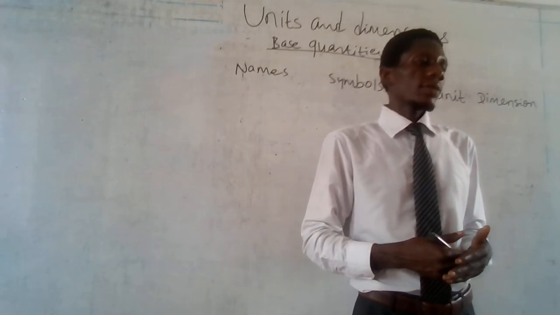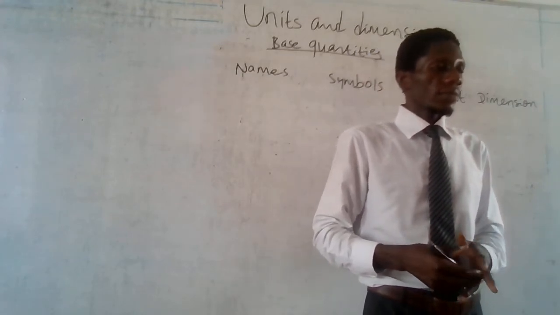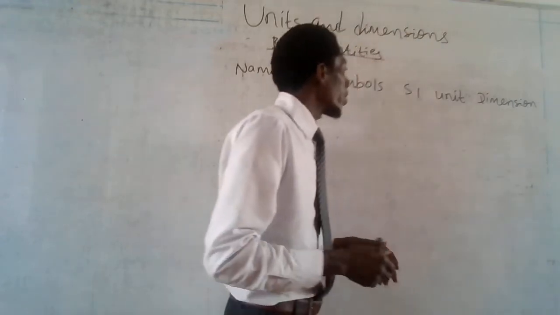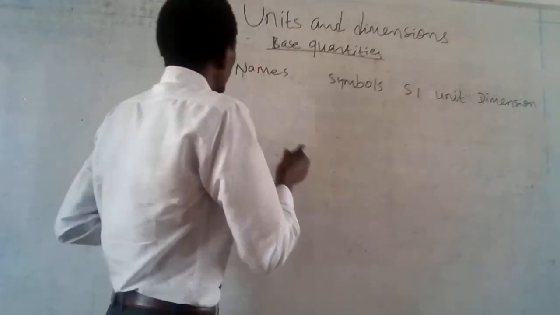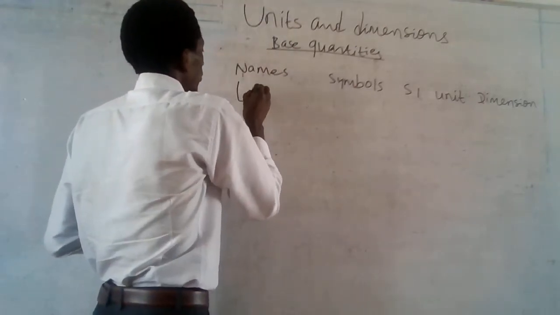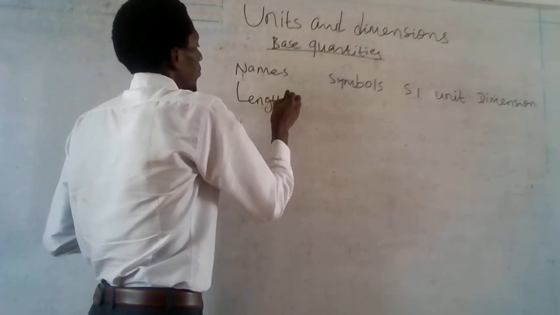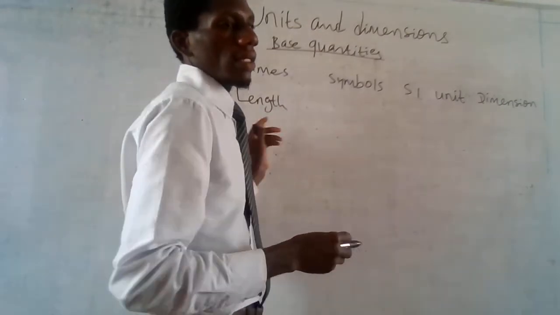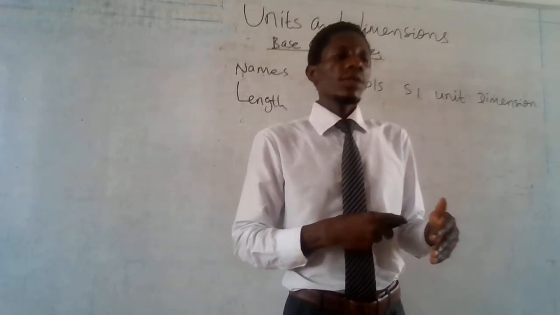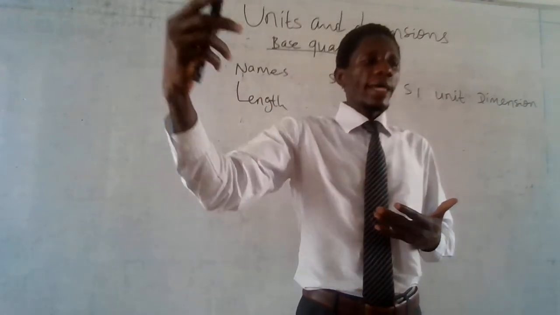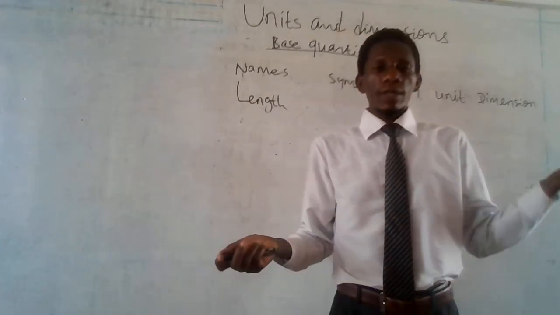They are almost about seven, or more. All right. So let's say base quantities, length. Of course, when you're talking about length, you're talking about height, depth, distance, and width.